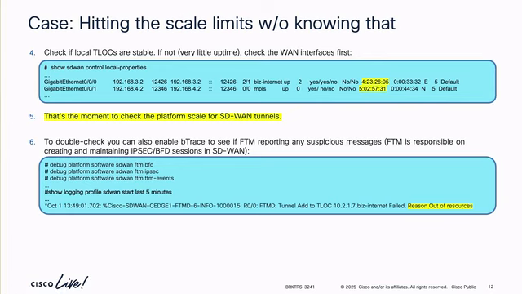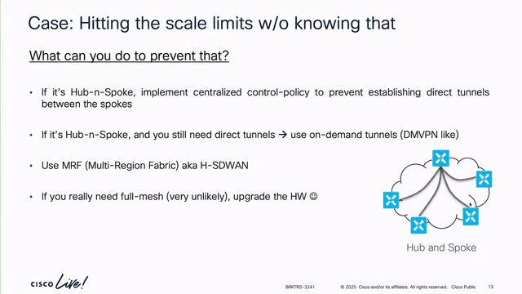So how can we prevent that? This is why we are here, right? We want to understand how we can avoid that. And the answer is pretty easy, to be honest. If that's a hub and spoke topology, but you are not implementing any policies and you just have a full mesh, maybe it's time to consider moving to hub and spoke.